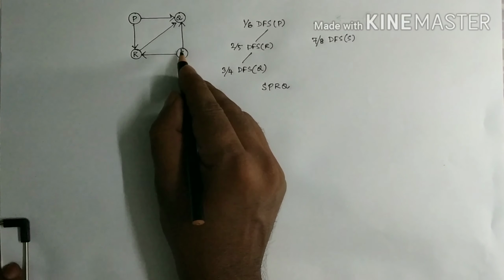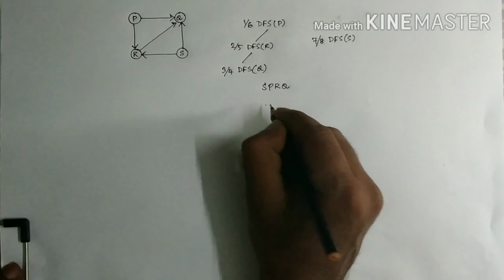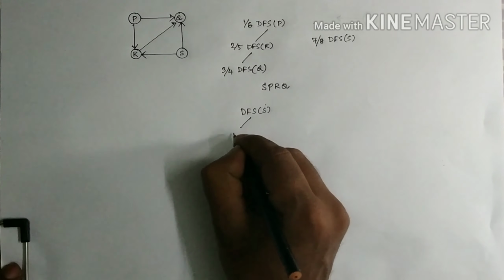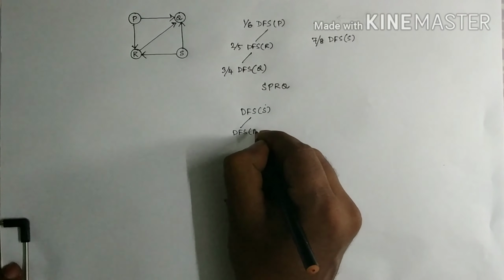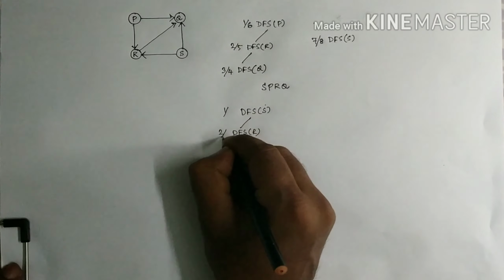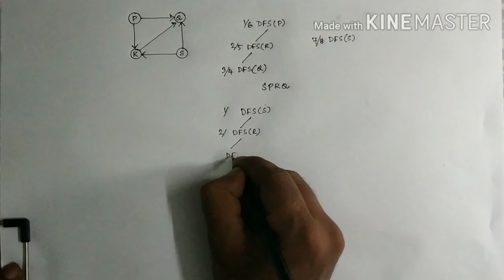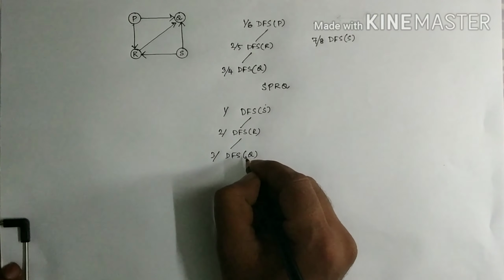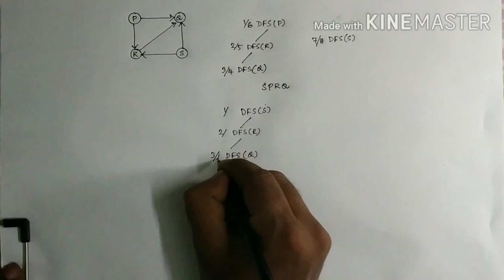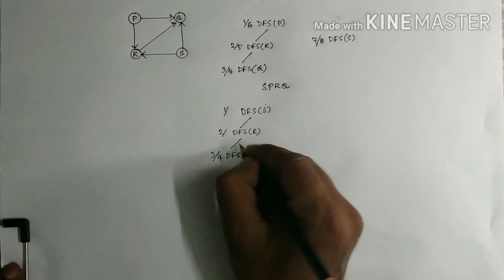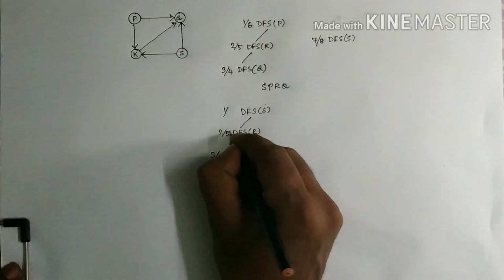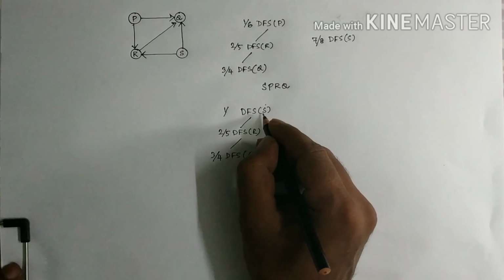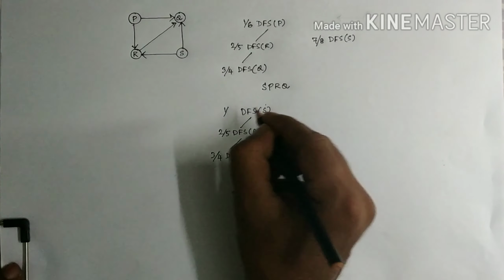Now if you choose S as the starting vertex, then first call DFS S, then call DFS R, then call DFS for Q. Now Q has no unvisited adjacent, so finish DFS Q, backtrack from Q. R has no unvisited adjacent, finish R, backtrack from R, go to S. S has no unvisited adjacent.